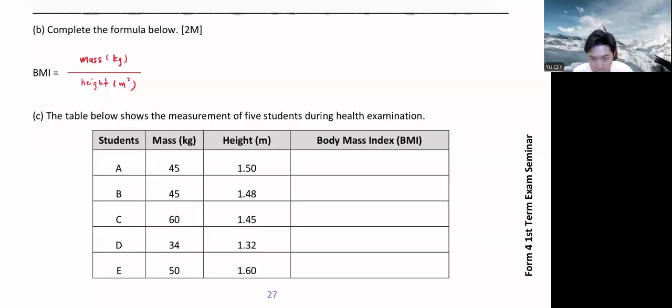Okay, should be pretty straightforward. So you literally just punch in the numbers, and then you should be able to find. So 45 over 1.5 squared, 45 over 1.48 squared.